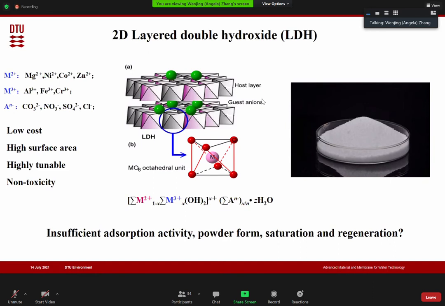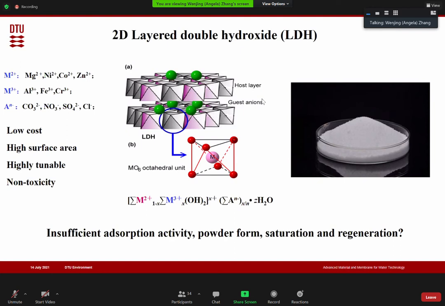For instance, one of the most studied 2D materials, LDH, can be utilized as absorbents. They're very low cost, have high surface area, and are also non-toxic. But a challenge is that the absorption activity is still low. And often when people do experiments, they use it as a powder.